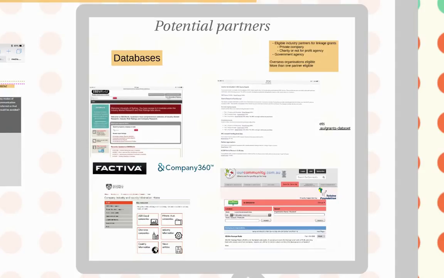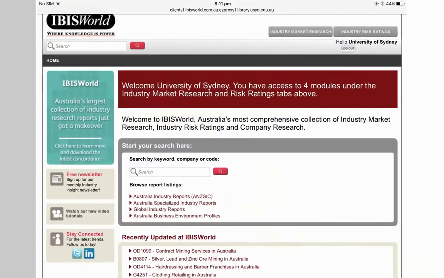We have resources here at the library that will also help you to identify potential industry partners. The first one is Swirled. This is a database containing over 500 industry reports consisting of key statistics and analysis on market characteristics, performance and major industry participants.